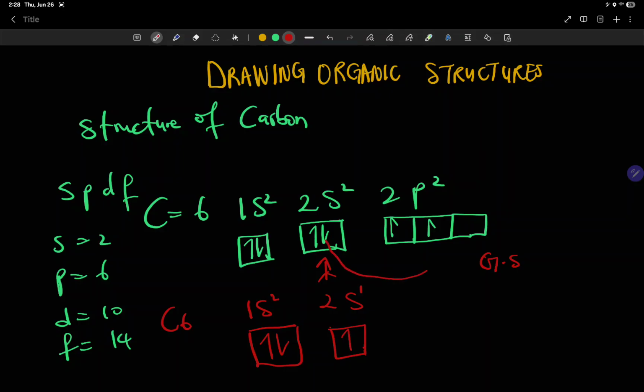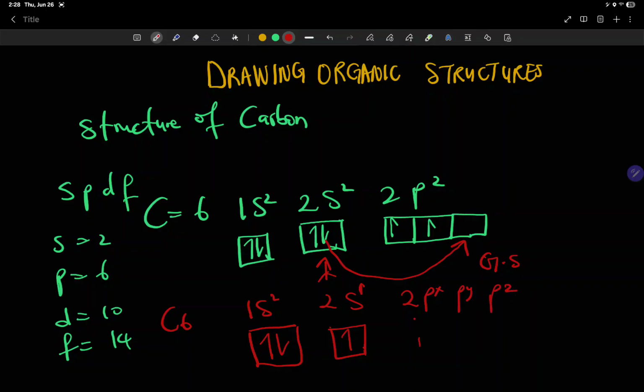Now this electron will be elevated to a higher energy level, so we have 2s1, then we now have 2px, 2py and 2pz.